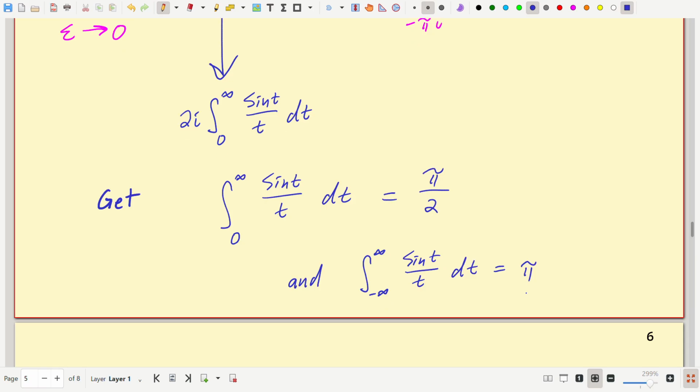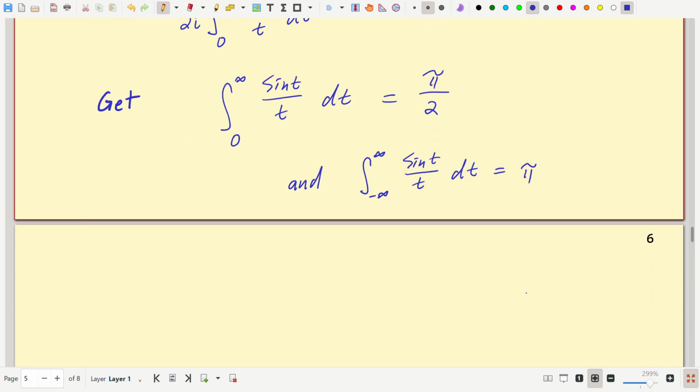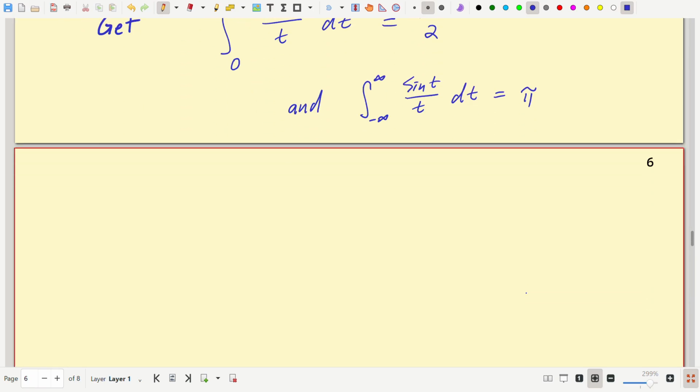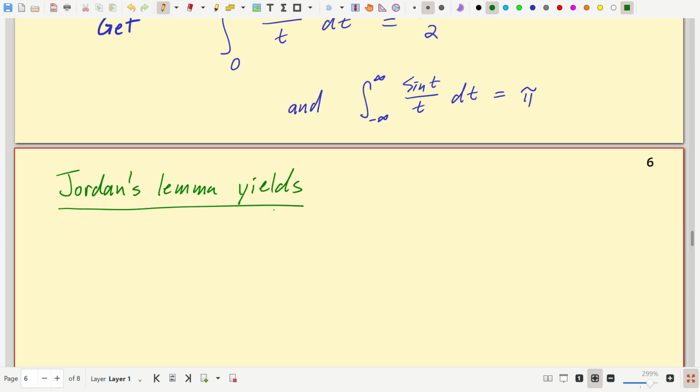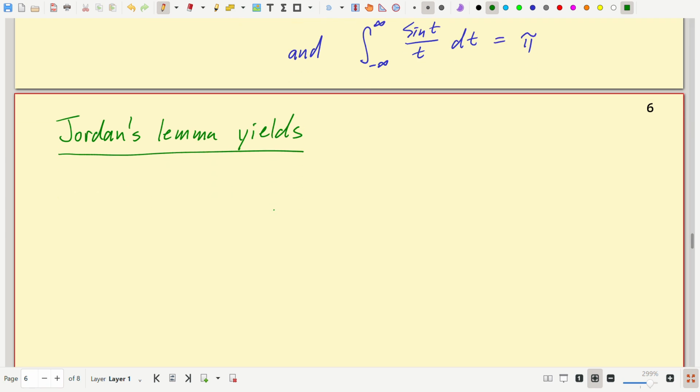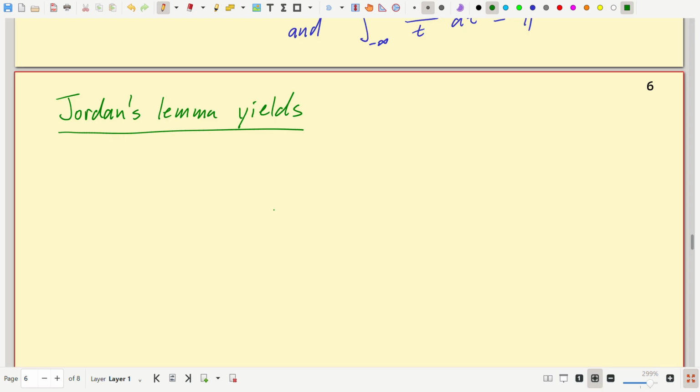Okay, so here's a more general version of, got 10 minutes, I can tell you what the more general version of Jordan's lemma is. Jordan's lemma is that calculation. And it yields an improvement in our previous theorems when we were trying to calculate Fourier transforms.